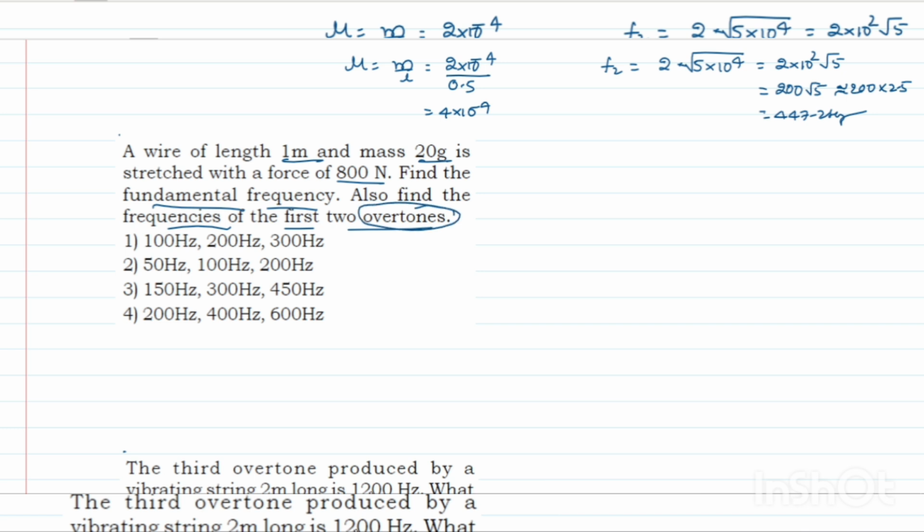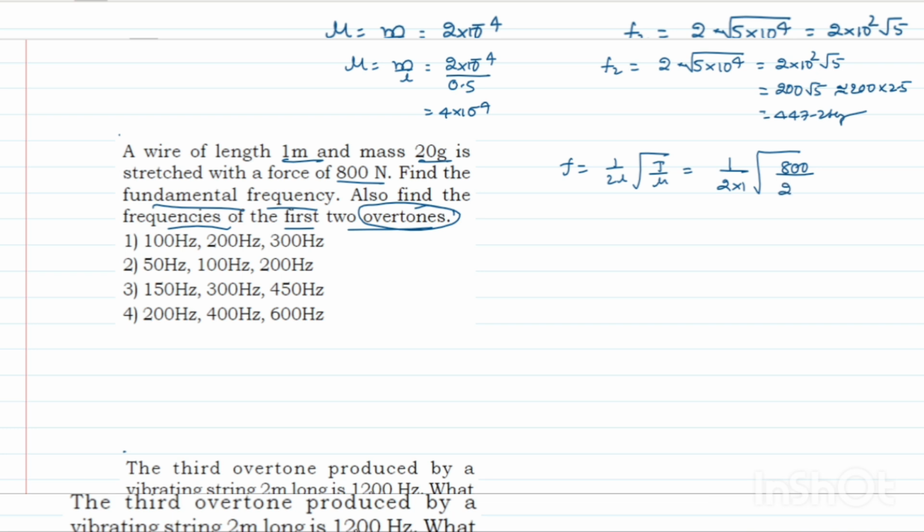First you need to calculate the fundamental frequency. The fundamental frequency formula is 1 by 2L into root over T by mu. So 1 by 2 into L, which is given as 1 meter, and root over T by mu. Tension is given as 800 newtons, divided by linear mass density, so it's mass per unit length.